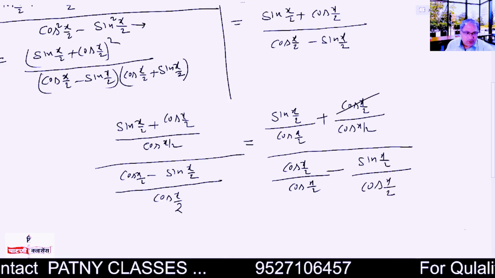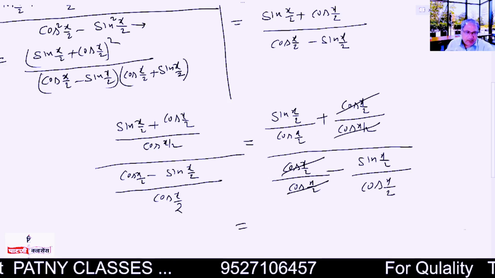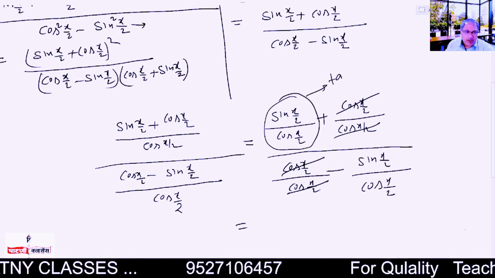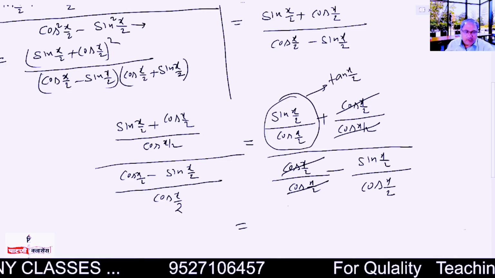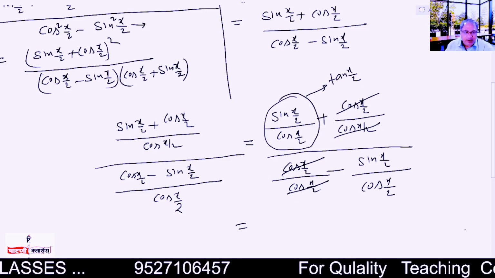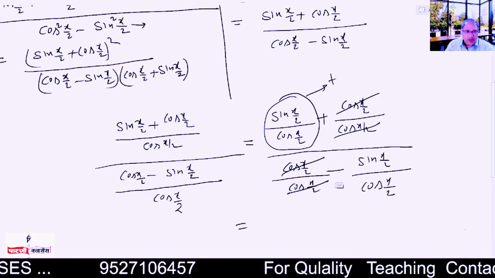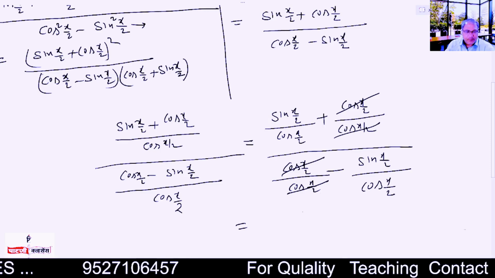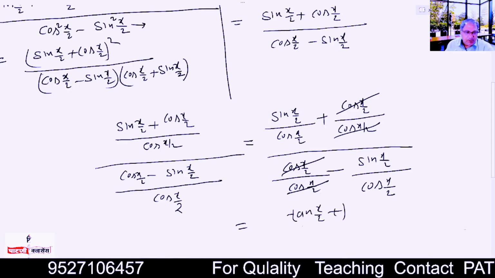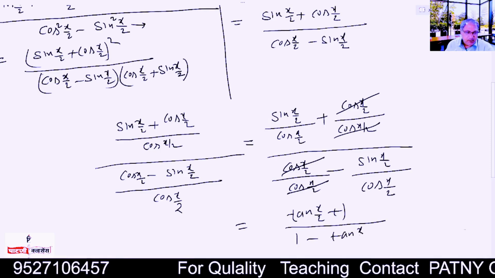Cancellation now: this and this get cancelled, this and this get cancelled, and sin x by 2 upon cos x by 2 equals tan x by 2. So we use that formula, and it equals tan x by 2 plus 1 upon 1 minus tan x by 2.